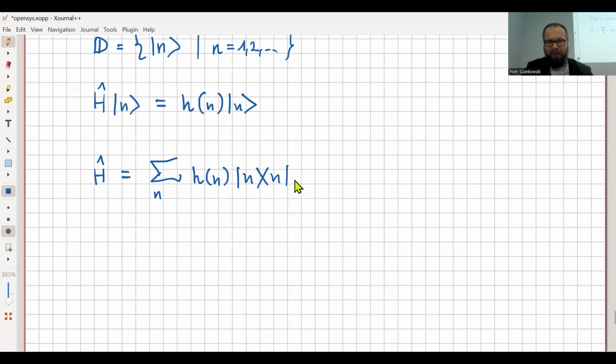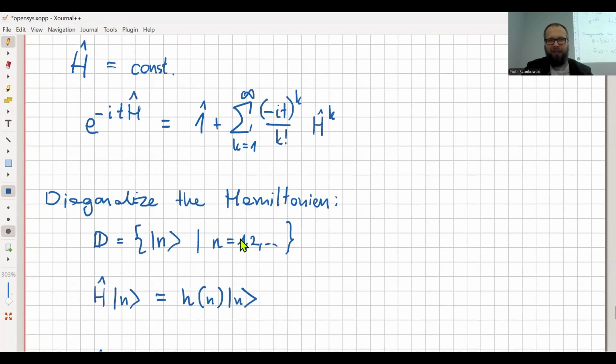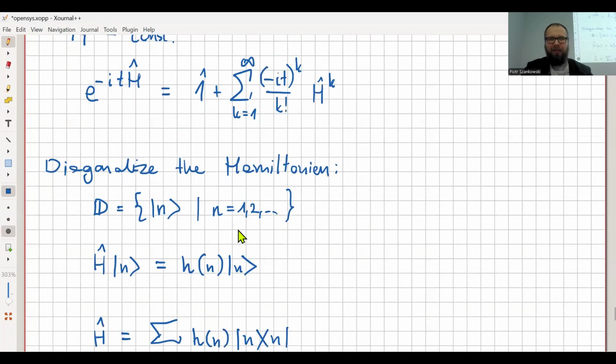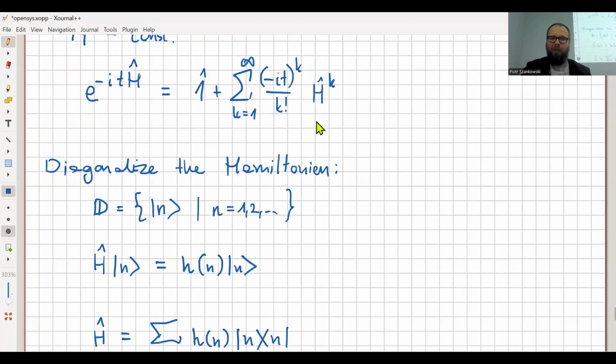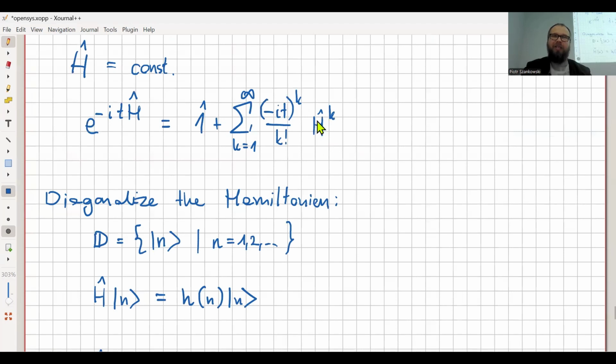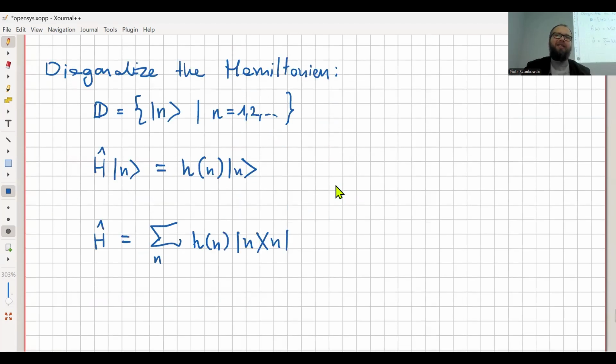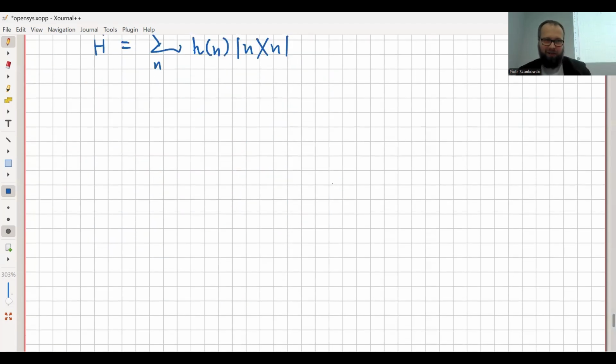Okay, so when you have this form, it's very easy to calculate any function of an operator. In particular the exponent, so if we plop this spectral decomposition into our series, you can easily see what's going on.